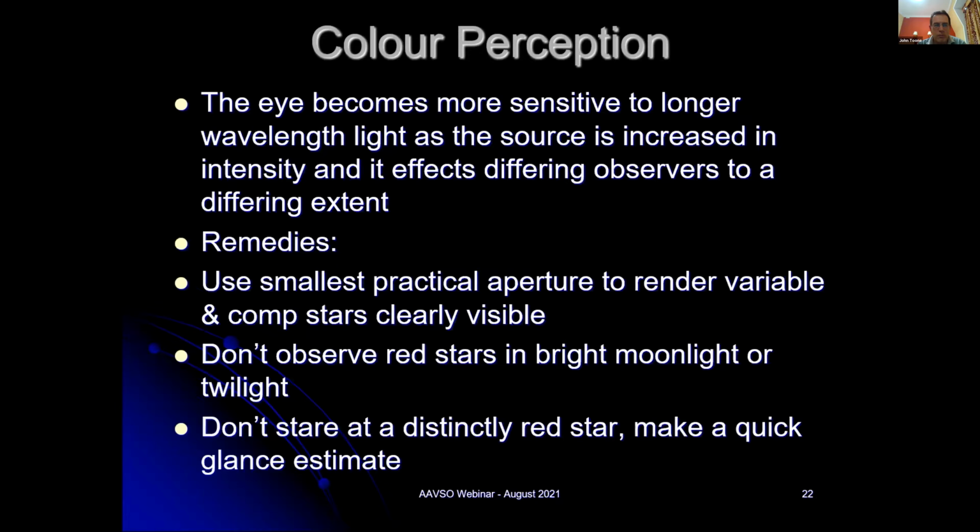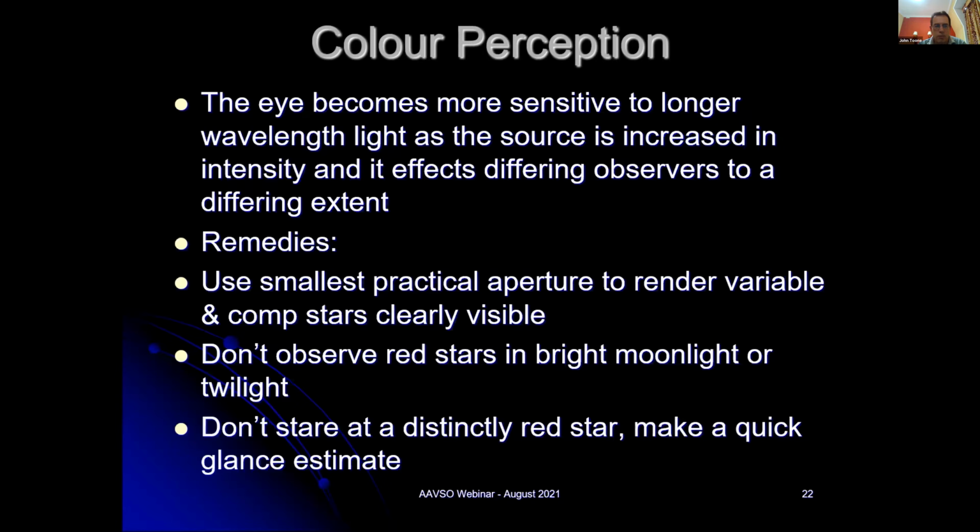So color perception is also important, and this is because the eye is more sensitive to longer wavelength light as the sources increase in intensity. There are different effects for different observers because of their color responses. So the remedy here is to use the smallest practical aperture available to render the variable and the comparison stars clearly visible, in order to dim any color effect.